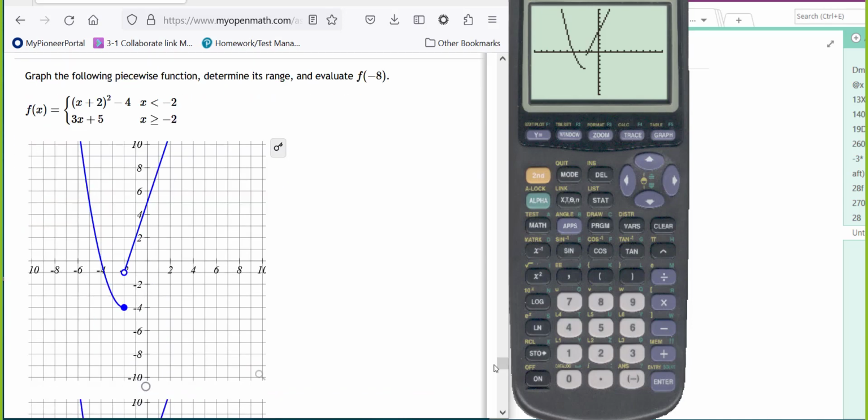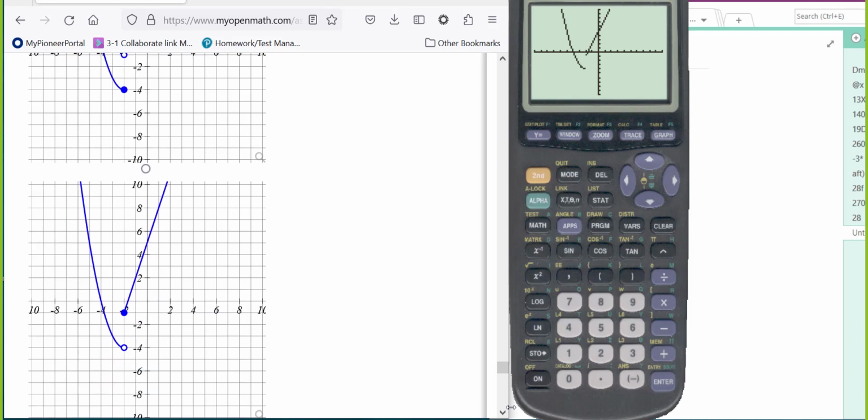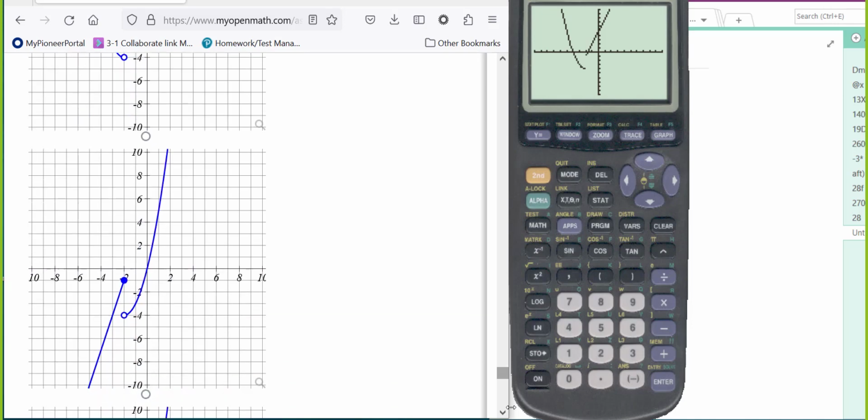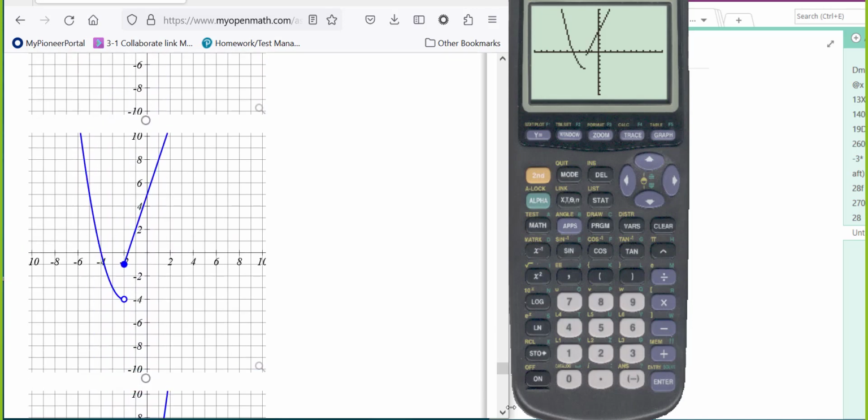Your inequalities had to help us because the calculator doesn't show that piece. For the parabola, it needed an open circle on the end, so that ruled out the first one. This one's good, and it looks like our picture. This one is not good. And this one is not good. So it is choice B.